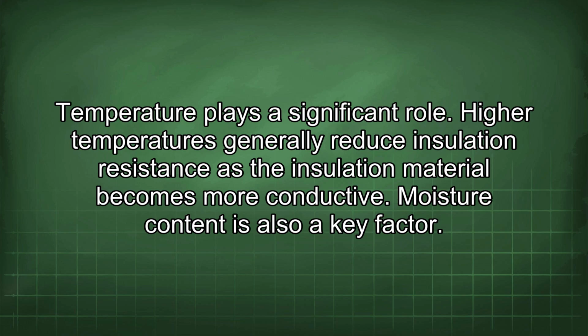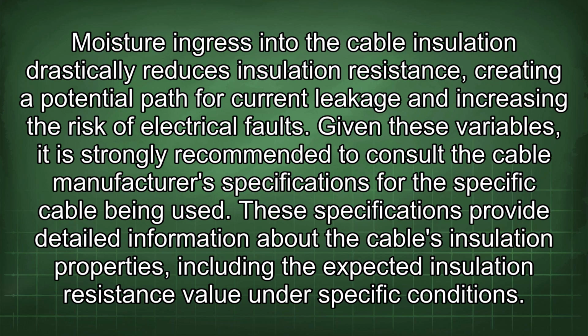Cables with larger conductors may have different insulation characteristics compared to those with smaller conductors. Temperature plays a significant role. High temperatures generally reduce insulation resistance as the insulation material becomes more conductive. Moisture content is also a key factor. Moisture ingress into the cable insulation drastically reduces insulation resistance, creating a potential path for current leakage and increasing the risk of electrical faults.